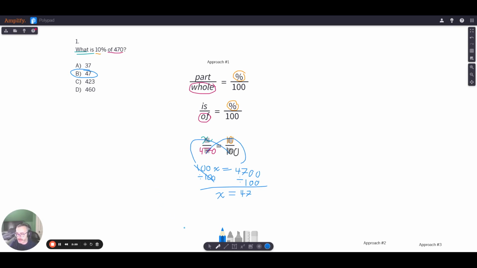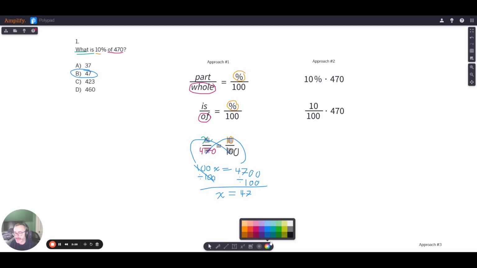But there are some other approaches that we could take. Another approach, if you're already comfortable with what percentages mean, you may have noticed that whenever we have the word of between two numbers, that means multiply. Anytime we see of between two numbers, it's multiply. So what is 10% of 470?